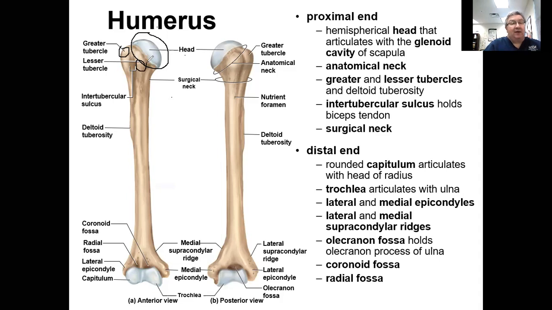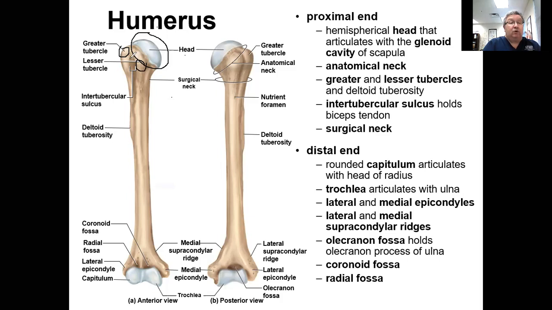The supraspinatus, the infraspinatus, and the teres minor all insert into the greater tubercle. The lesser tubercle has the subscapularis, which is the 4th of the rotator cuff muscles. So you're going to need to know where the greater and lesser tubercle are, and what muscles attach to them.